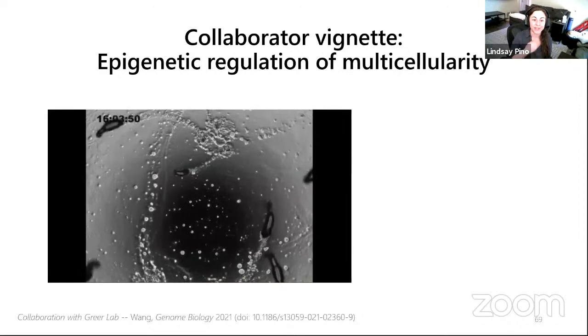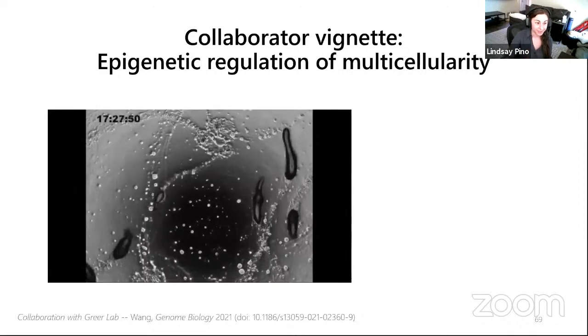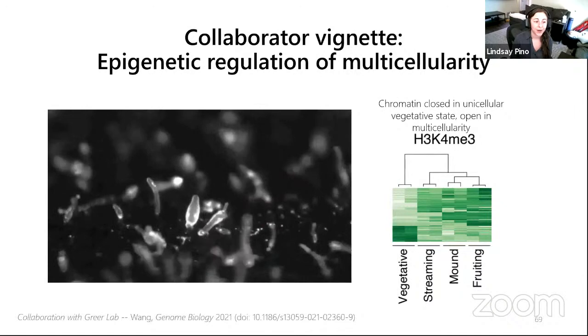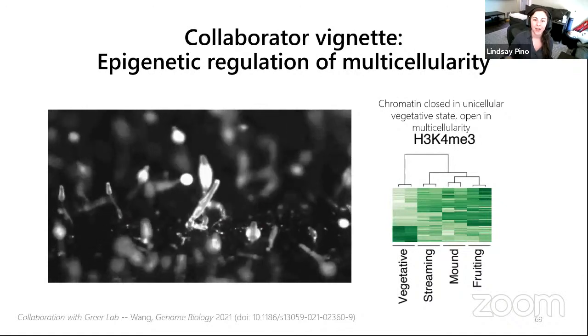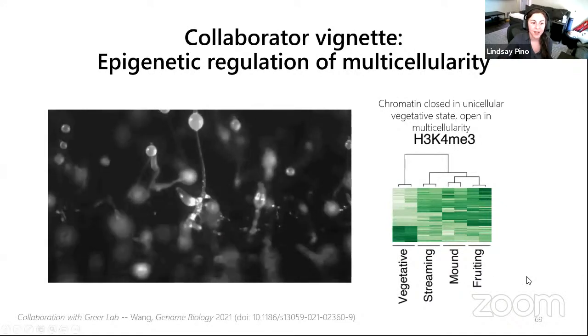Slime mold is obviously a non-model organism, and we're able to really quickly look at some of these different life stages and assess the histone PTMs, the epigenetic marks, as slime mold goes from a unicellular to a multicellular organism. And it wasn't a huge surprise: the chromatin is more closed when it's unicellular and then more open in multicellular.